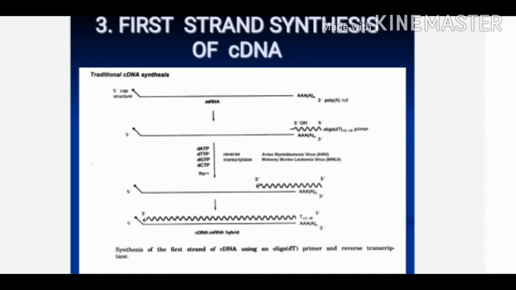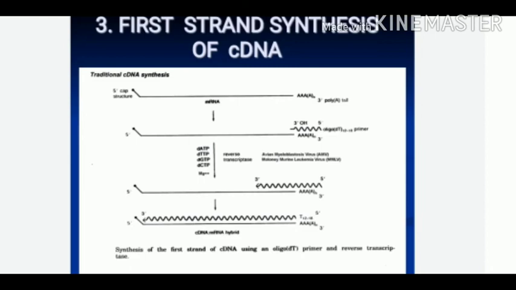The enzyme used in this step is reverse transcriptase, and also an oligo-dT primer is required, which starts the synthesis of first strand of cDNA with the help of 4 deoxynucleotide triphosphates and magnesium ions, as can be seen in the diagram.